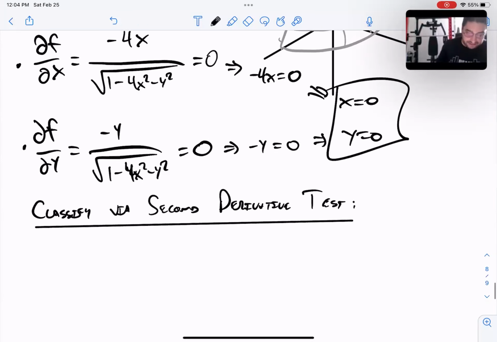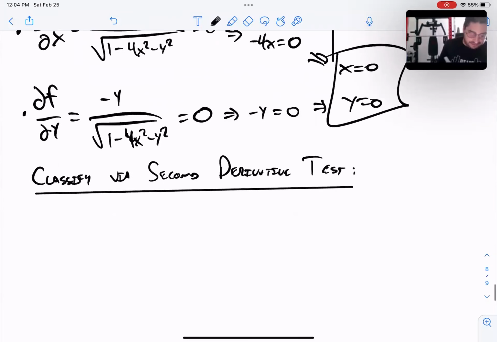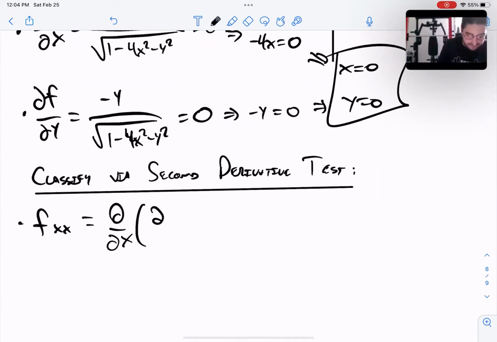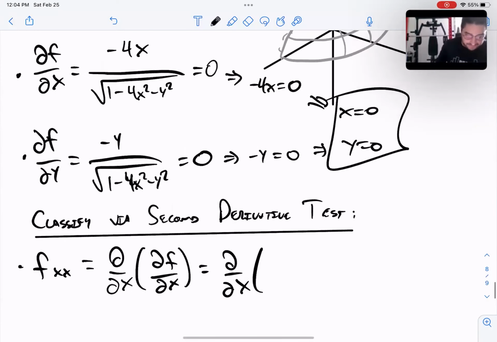So let's see what happens. I have fxx. I need to calculate these second partials. So fxx, it's the partial of the partial, is what that notation means. But we already did the first partial, so I can use that here in my calculation.